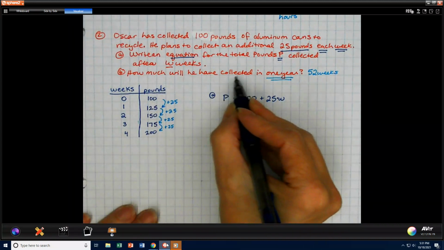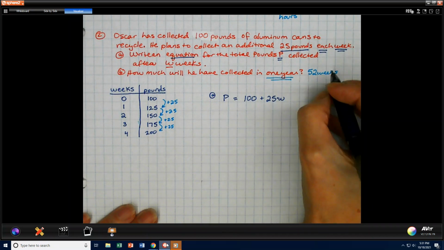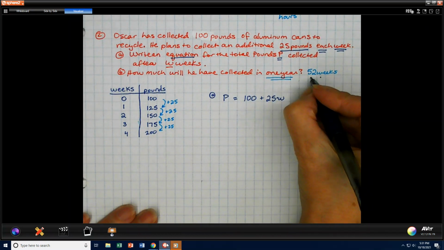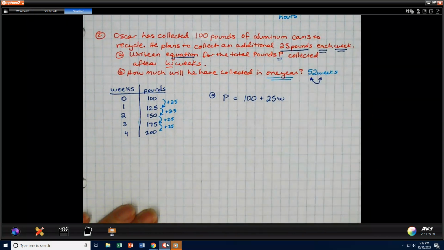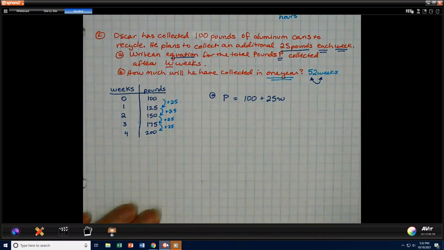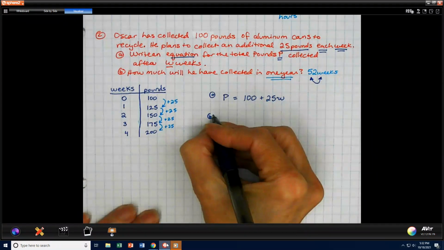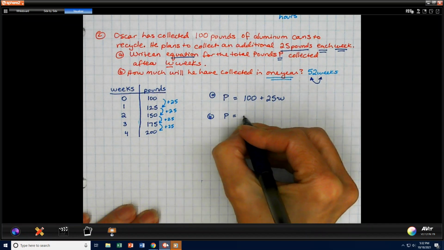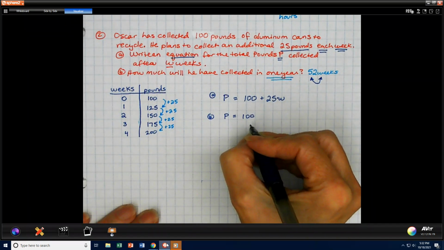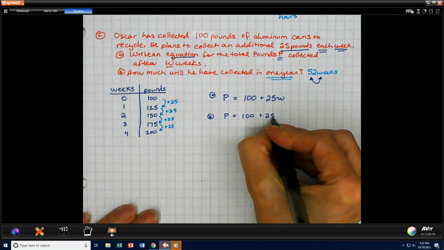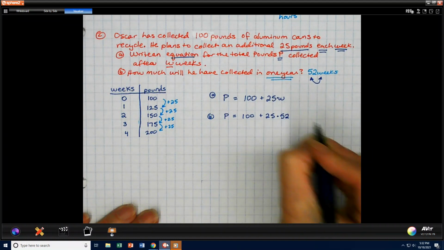How much will he have collected in 1 year? Well, we're going to plug in for the weeks 52 because there are 52 weeks in a year. So for part B, we're going to say the poundage that he'll have collected will be that initial 100 plus 25 times 52.